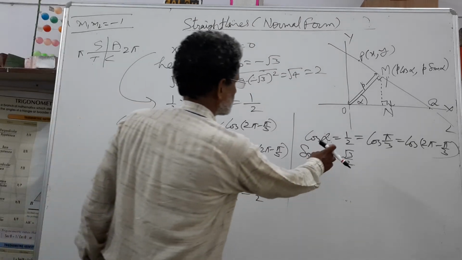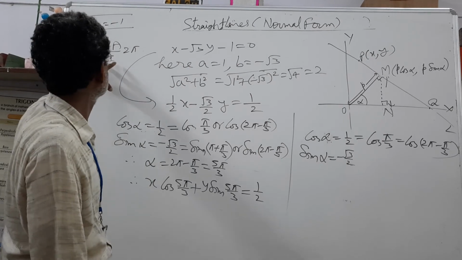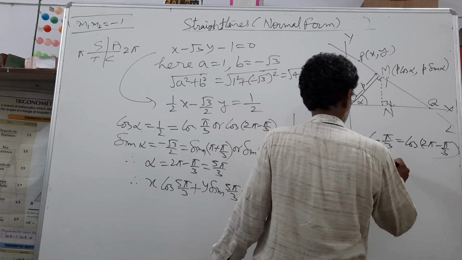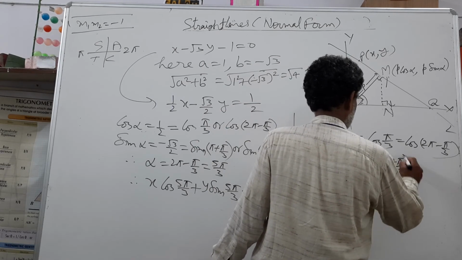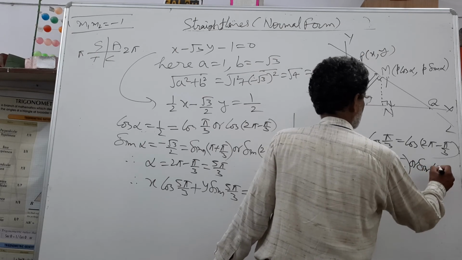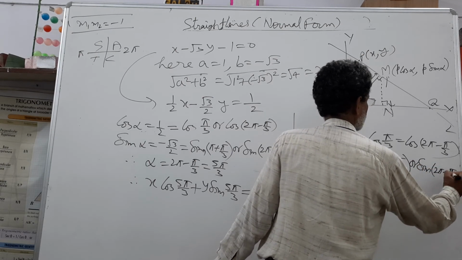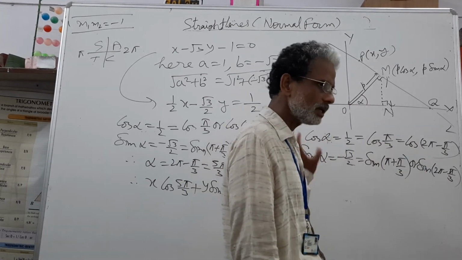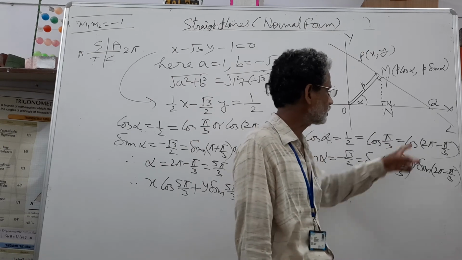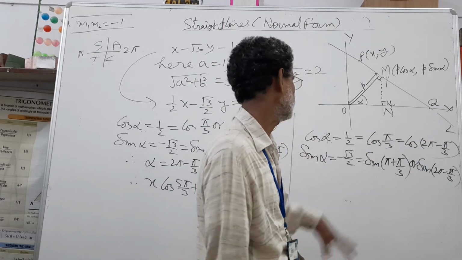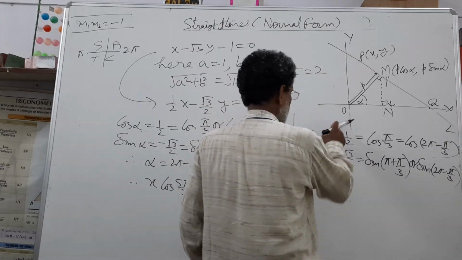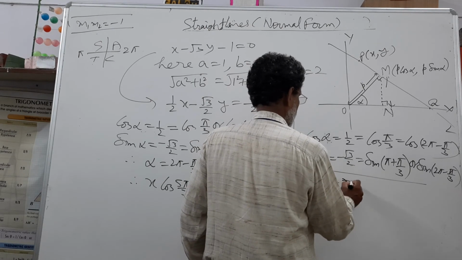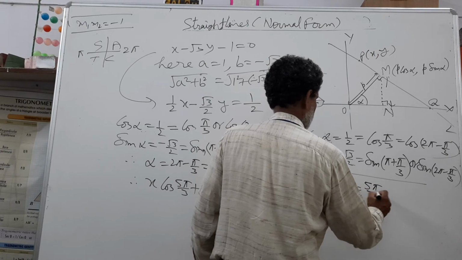Now, since it is negative, consider the third and fourth quadrant. It becomes sin of pi plus pi by 3 or sin of 2 pi minus pi by 3. Among these angles, we select the common angle 2 pi minus pi by 3. Simultaneous solution of these two equations is 2 pi minus pi by 3 is equal to 5 pi by 3.